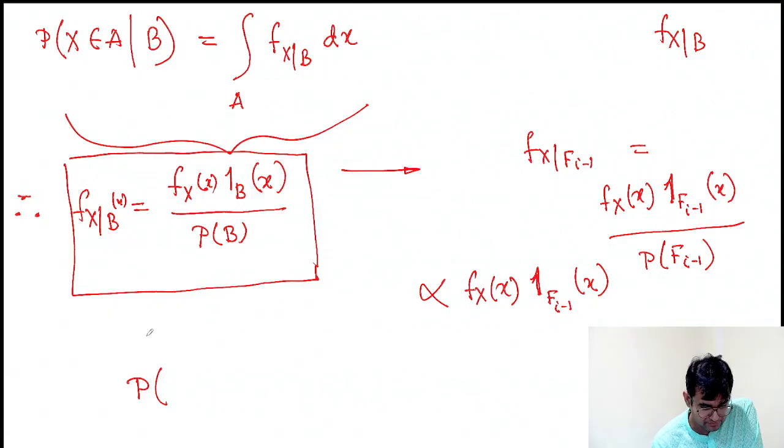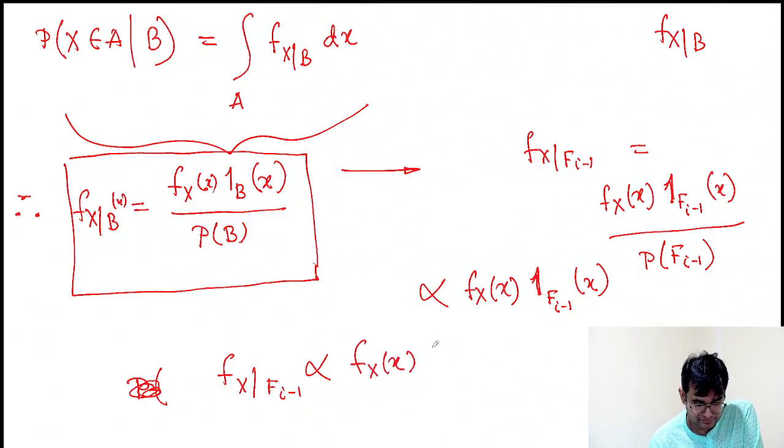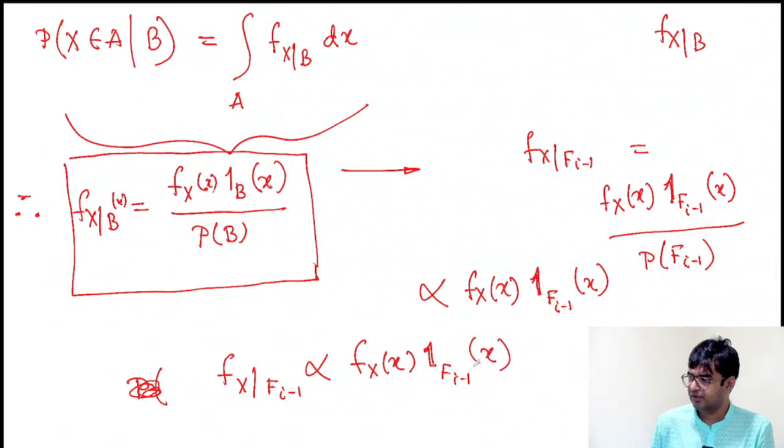So therefore, what we arrived at is the PDF of x given F_{i-1} is proportional to f_X(x) times the indicator function I_{F_{i-1}}(x). Is it clear? This is clear.